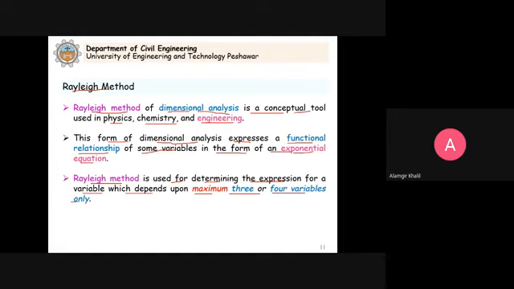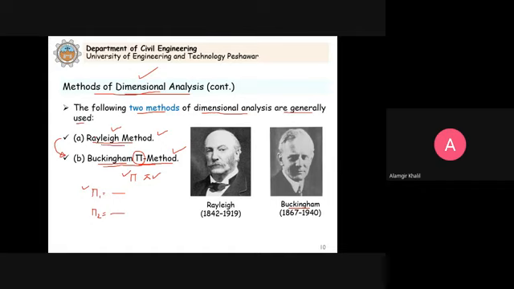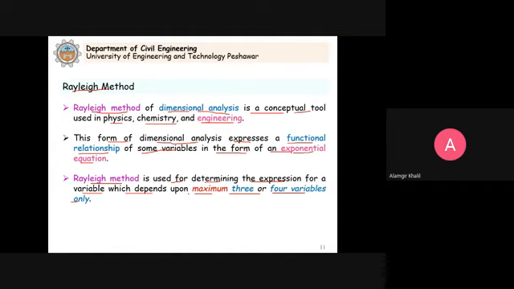This is the limitation, and it is why the Rayleigh method has been superseded by the Buckingham method. Clear? If a fluid mechanics problem has a maximum of 3 or 4 variables, we can solve it, but more than that it becomes very difficult. That's why we have the Buckingham Pi method, which can be extended to any number of variables.